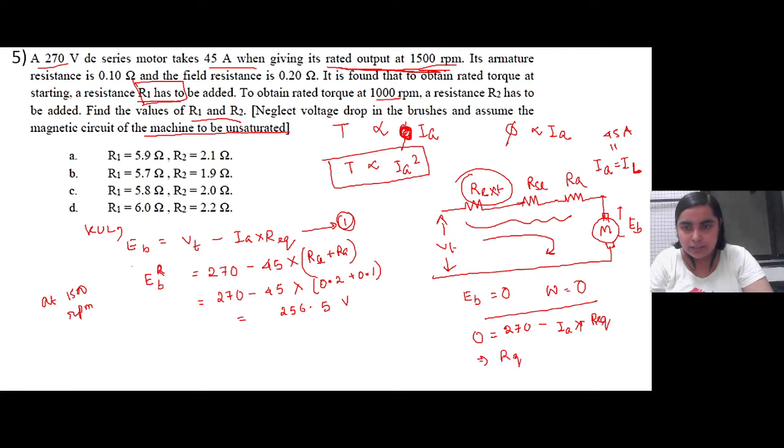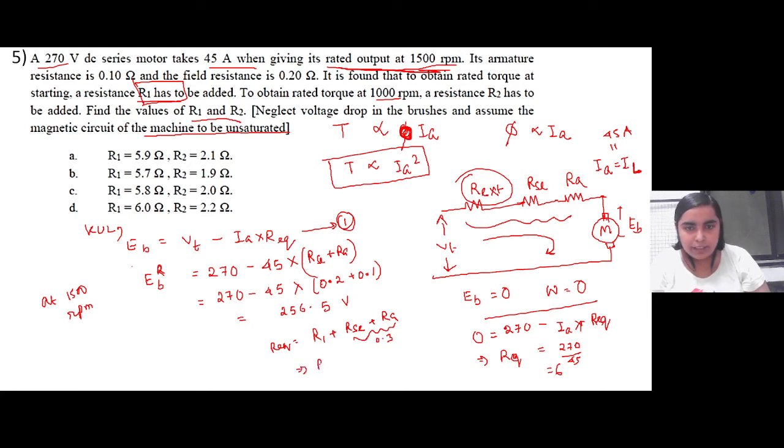So let us calculate R equivalent first. R equivalent is equal to 270 by Ia, that is 270 by 45. So it is 6 ohm. Now this R equivalent consists of R1 plus R series and R armature, and these two values add up to 0.3.